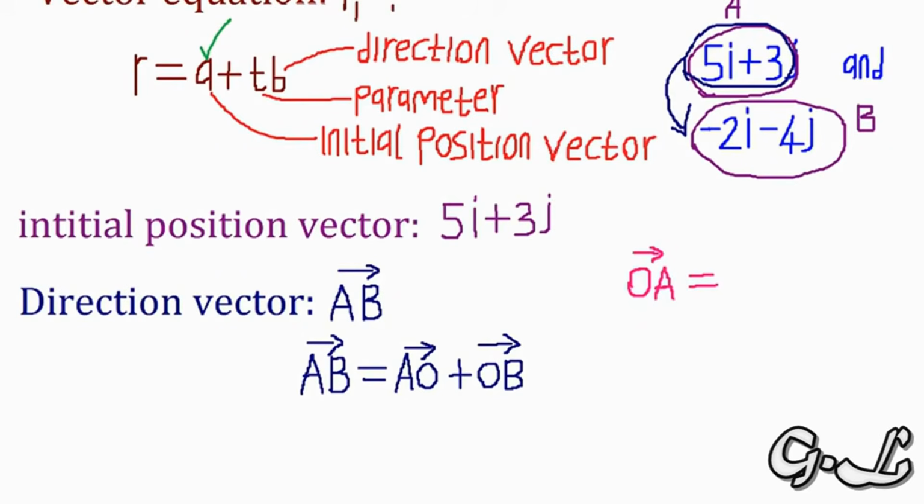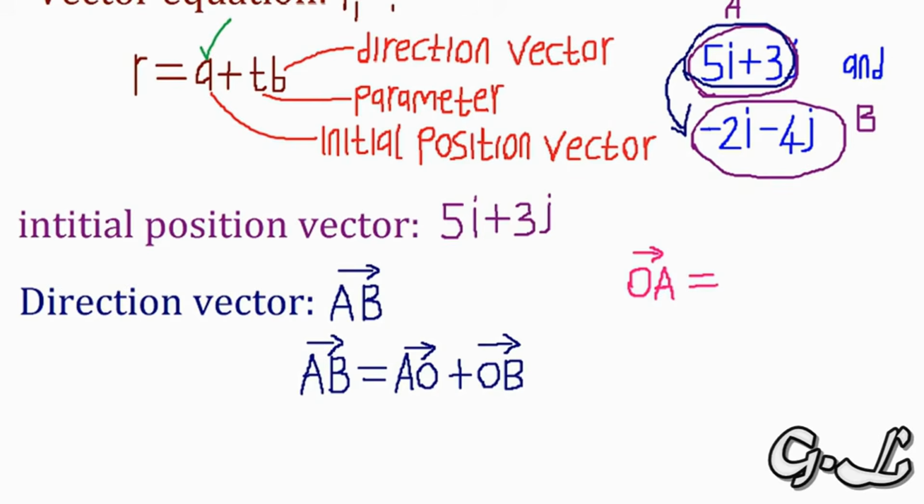Now let's try to look at the position vectors that we have. We denoted the first position vector as point A. That is one thing that you need to keep in mind. This position vector is 5i plus 3j. So this point A is simply vector OA.